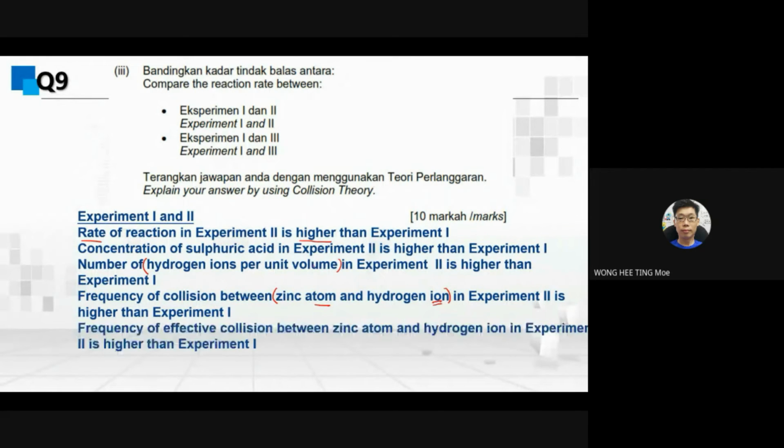Okay. Next, frequency of the effective collision. Here is the effective collision between zinc atoms and hydrogen ions. This one you can write particles. But I will suggest you just copy that experiment 2 is higher than experiment 1.